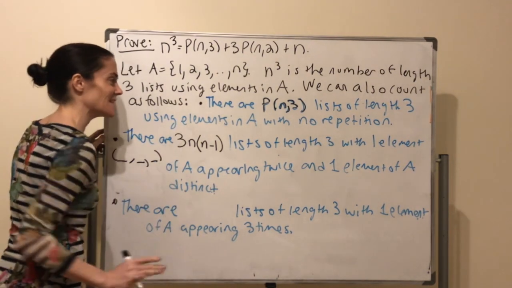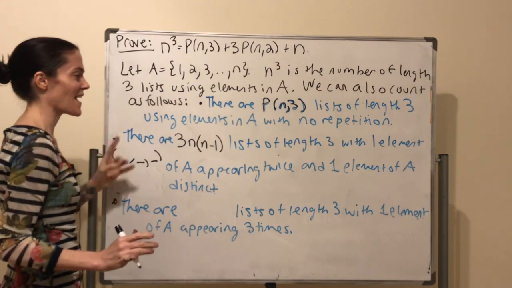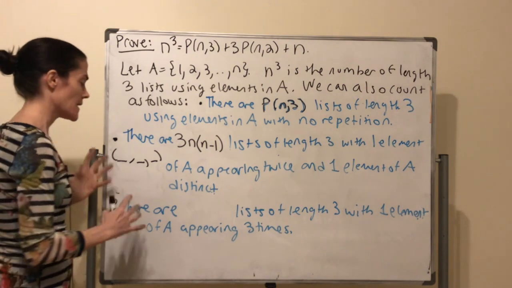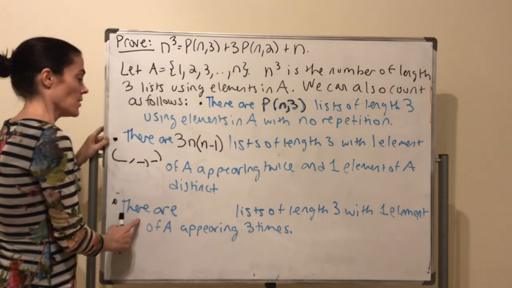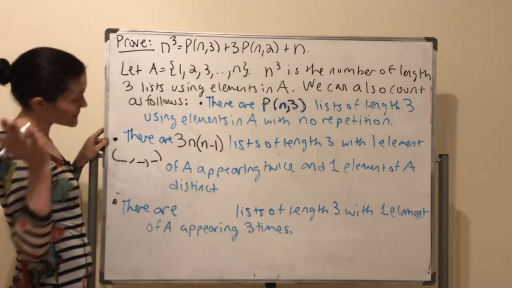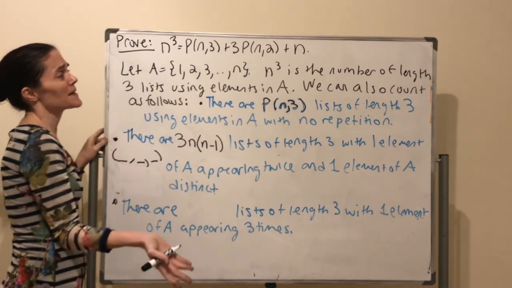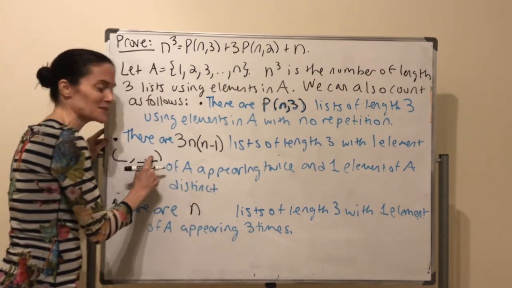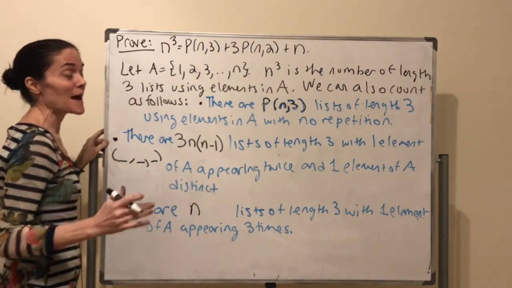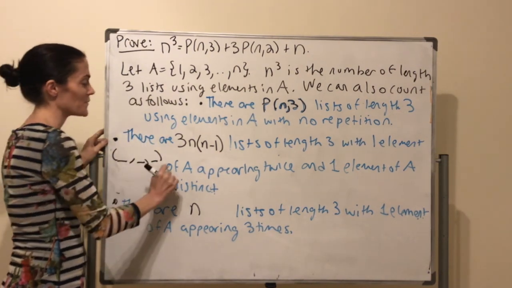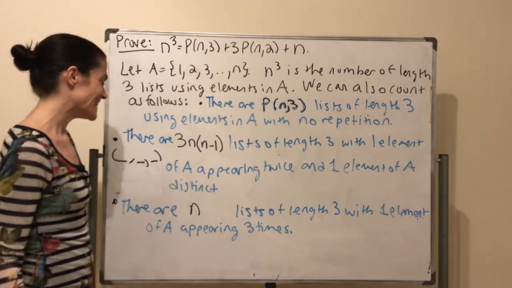So this is how many lists of length 3 with one element of A appearing twice and one element of A distinct. And finally, we have one element that appears 3 times. Just pick the element. There are n possible elements, and then you put it in all 3 spots. That one, I think, is perhaps the shortest one to count.